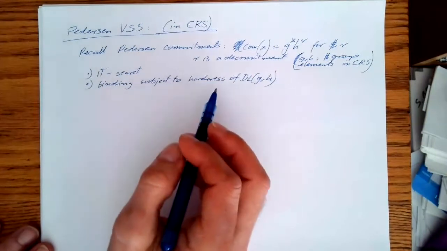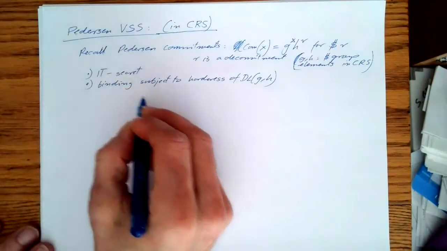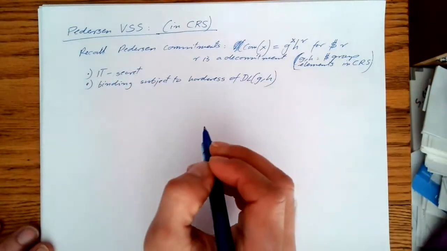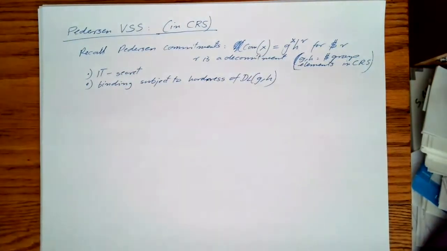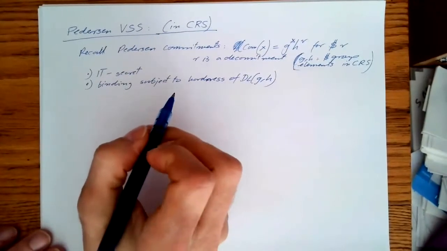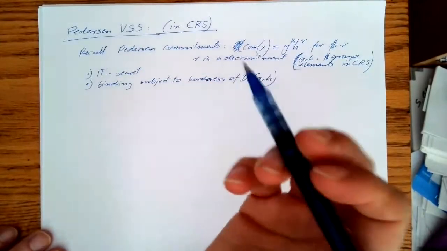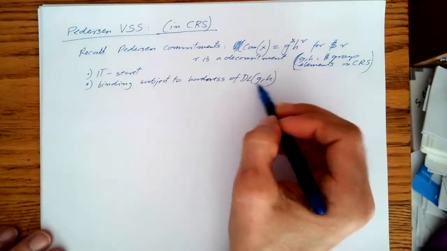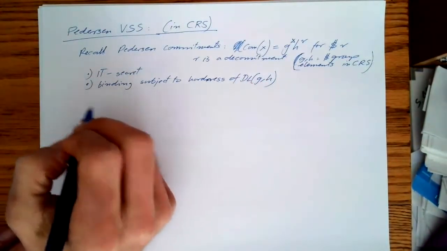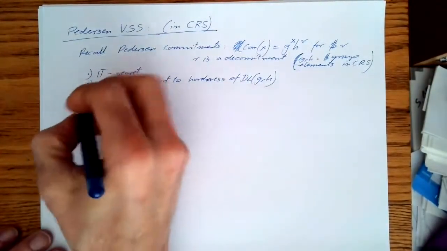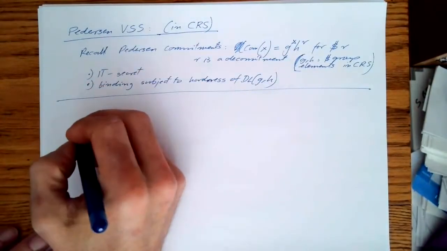Well, I needed commitment as the tool, and now it's a chicken and egg, right? But let's say in the random oracle model, a commitment could be a hash, right? So you could just take a SHA and do this coin toss to agree on this g and h. Okay, so that's a Pedersen commitment, and now I can use it for Pedersen VSS like this.